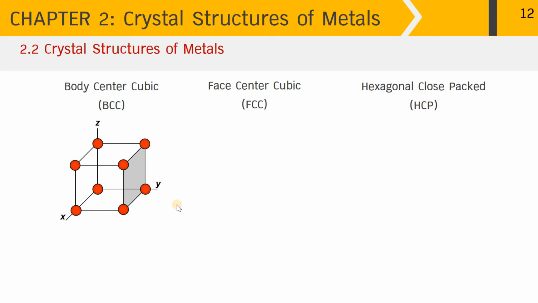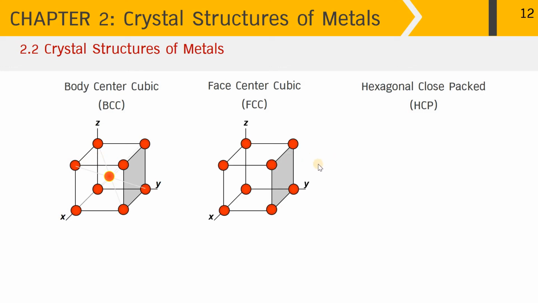So there are 8 atoms at the corners. And here, one in the center, hence the name body-centered cubic. What I highlight here is the plane that contains the most atoms. And this plane will move more easily than other planes. I will come back to this later.